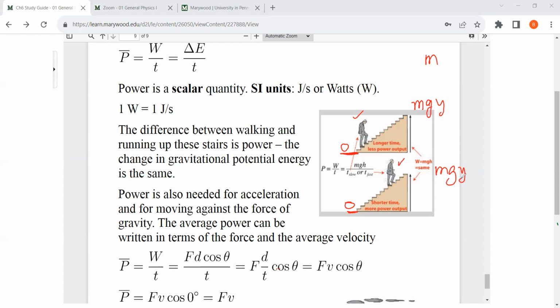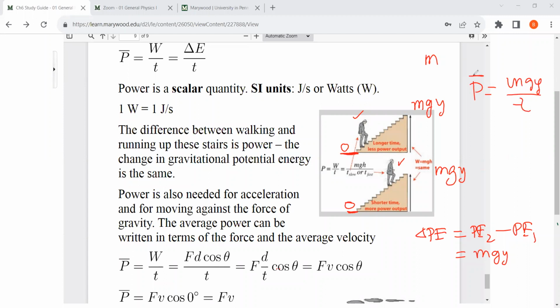So the change in potential energy is the final potential energy minus the initial potential energy, which is mgy minus 0, just mgy. Now what is the power they used? The power they used is mgy over T, the average power.